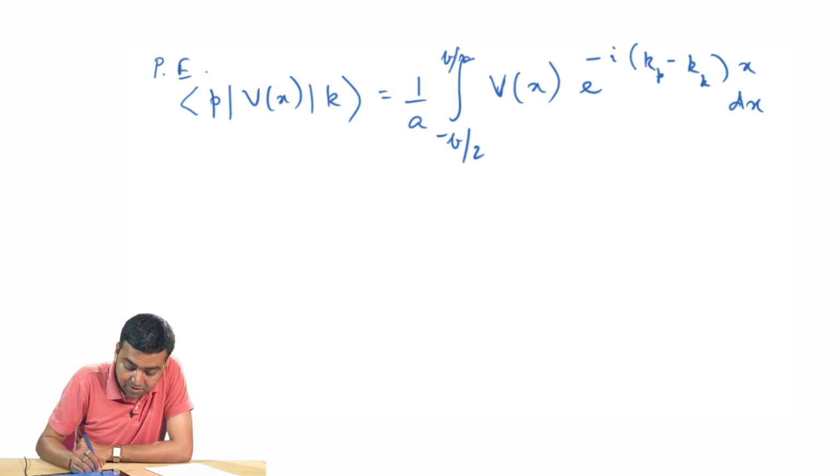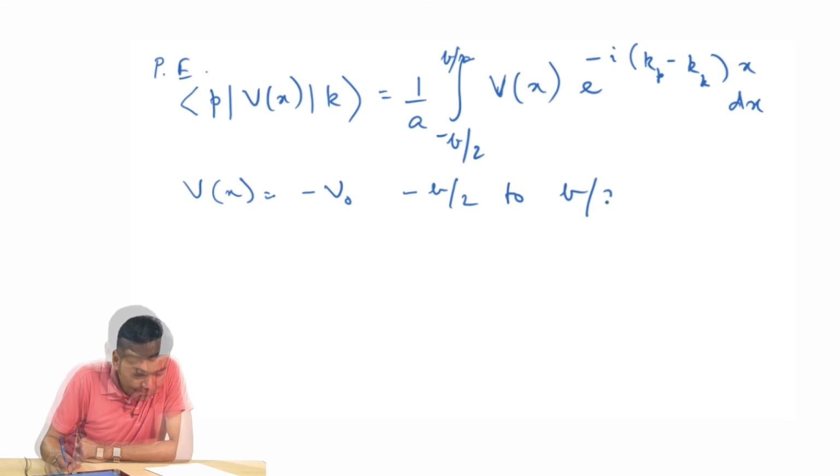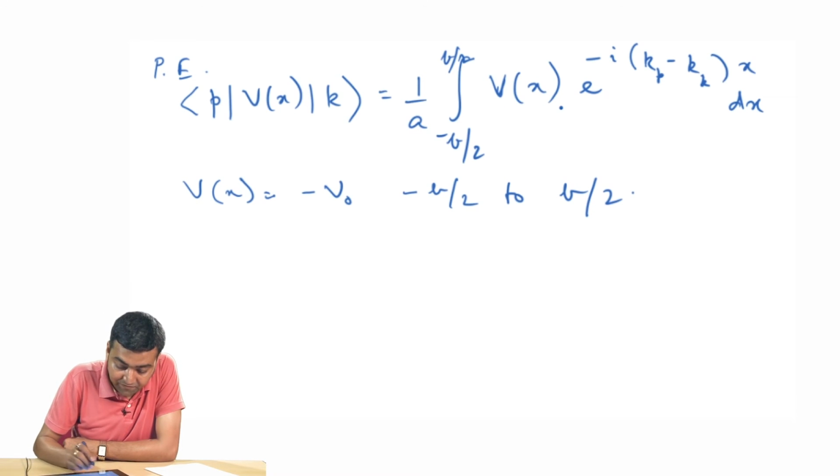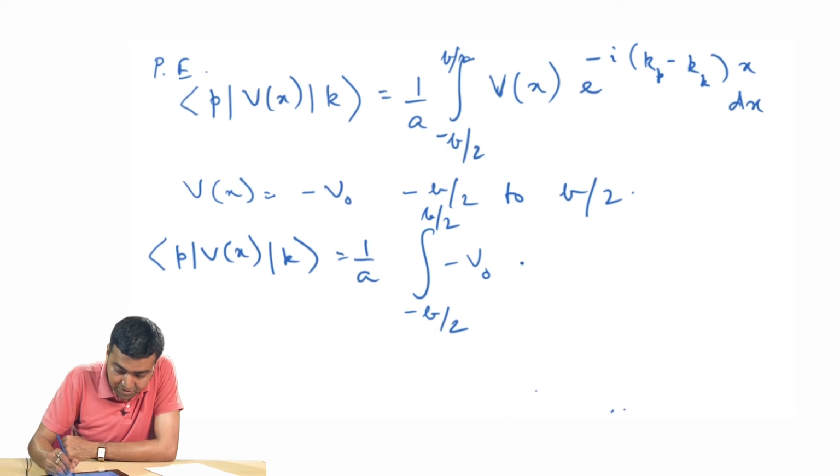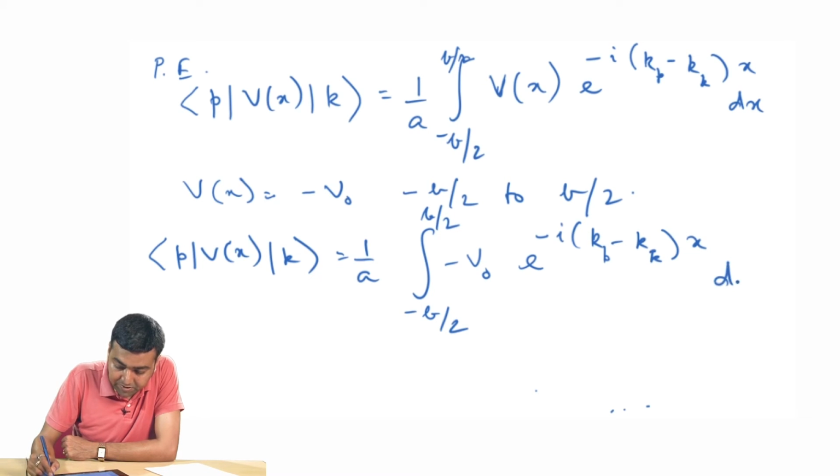Now, if you remember, my V(x) is equal to minus V 0 for minus b by 2 to plus b by 2. So, I will just plug the value of V(x) here. What I get is <p|V(x)|k> equal to 1 by A integration from minus b by 2 to b by 2 of minus V 0 e to the power minus i (k p minus k k) x dx.